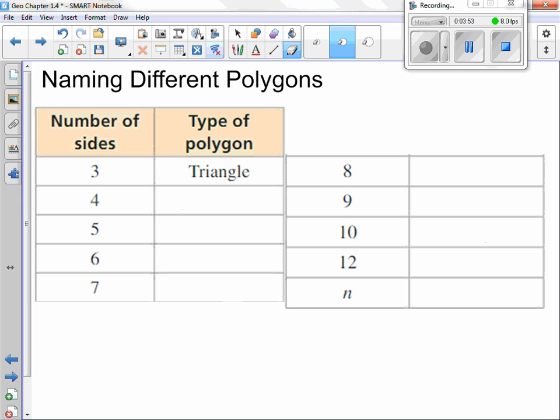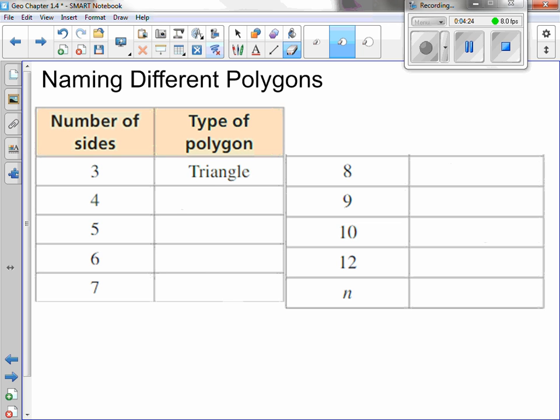I'm going to show you the numbers because these are all the numbers we're going to look at. This whole table is also in your digital textbook in chapter 1.4, and they're also on the note sheet. Most of the problems come straight from the book.